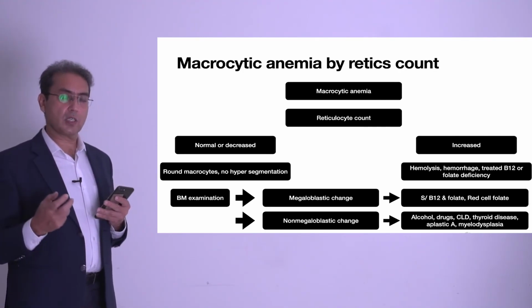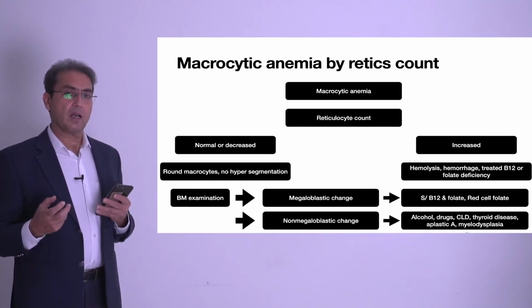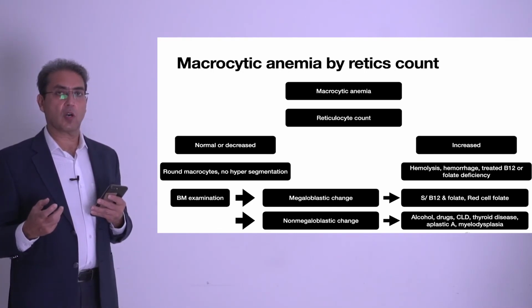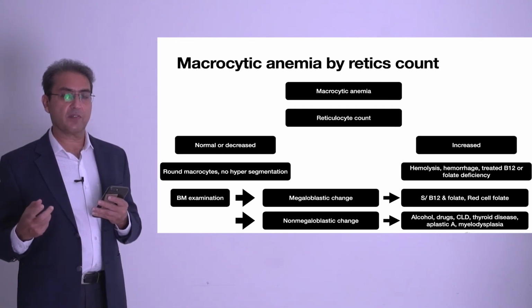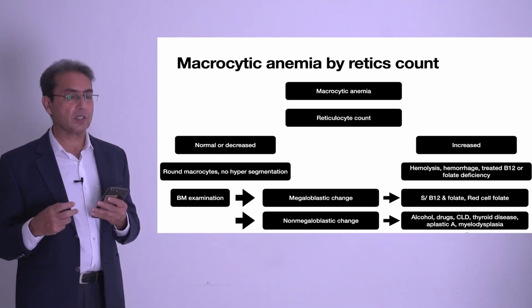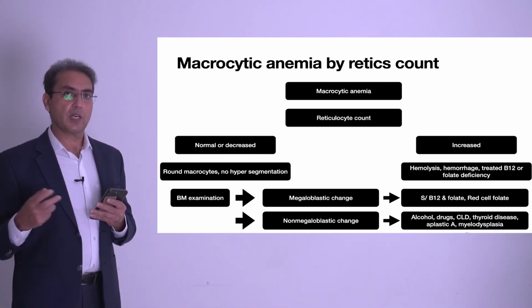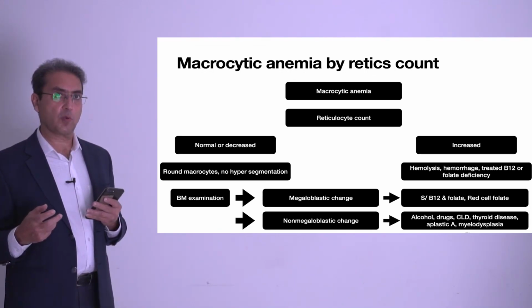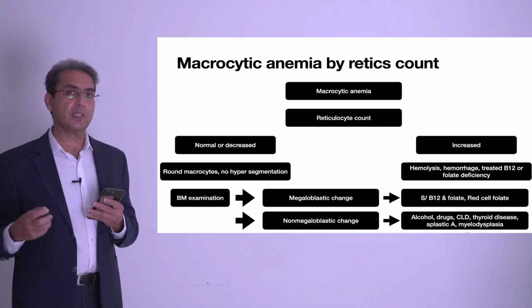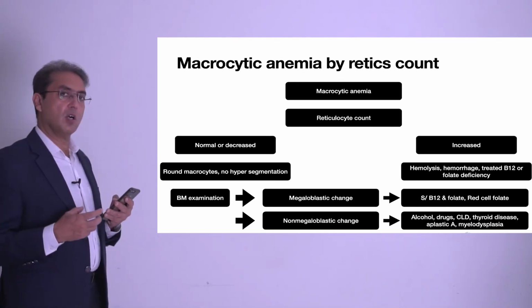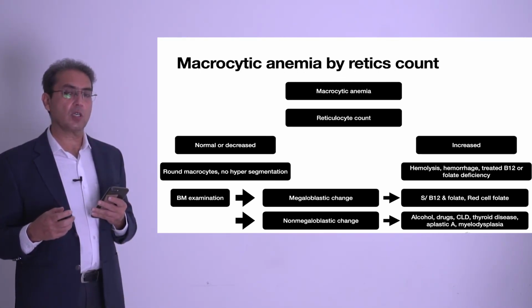In patients who've got larger cells, we can go for the bone marrow examination, and if there is a megaloblastic change, this is B12 deficiency anemia. If there is no megaloblastic change, the patient has multiple reasons for having this sort of problem, and then we can go for further refined testing as may be dictated by the clinical condition. So this is how we can classify patients who've got anemia.